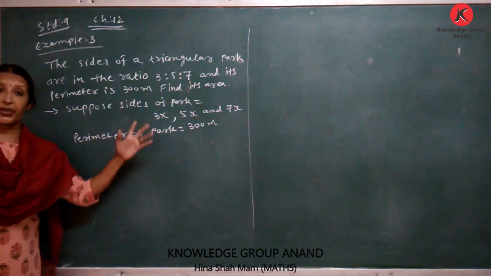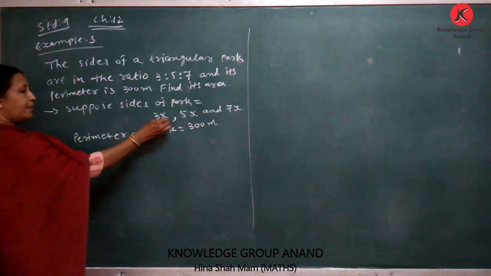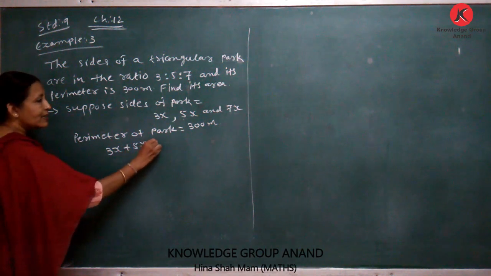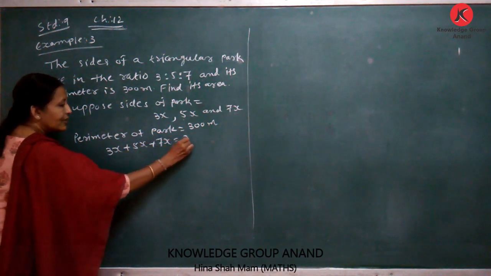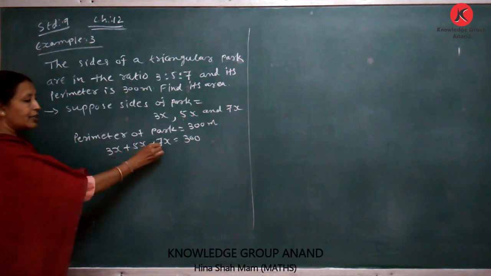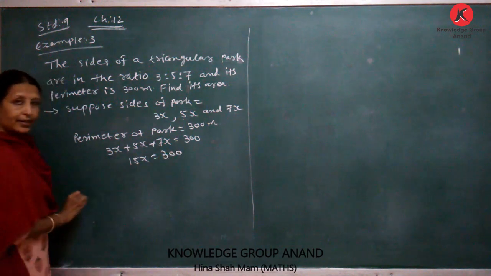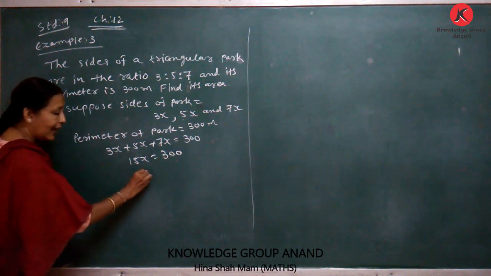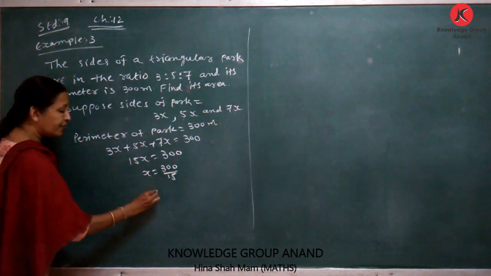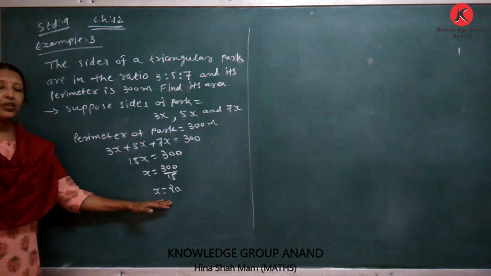Now what is perimeter? Sum of all sides. A plus B plus C, that means 3x plus 5x plus 7x is equal to 300. 15x is equal to 300. Then x is equal to 300 upon 15, x is equal to 20 meter.